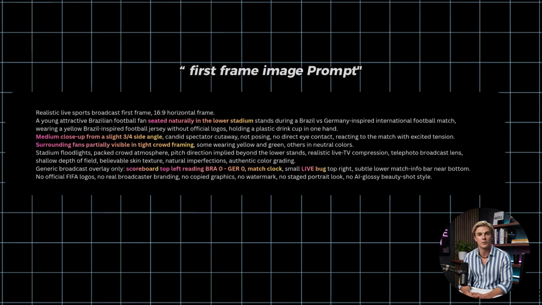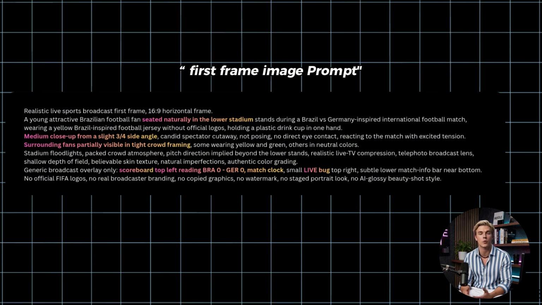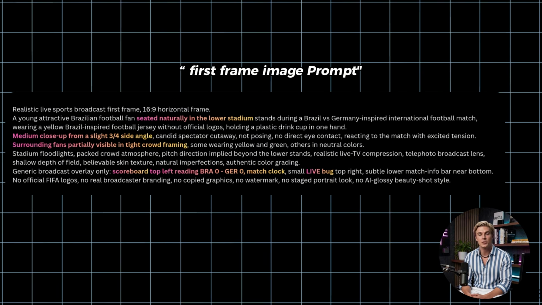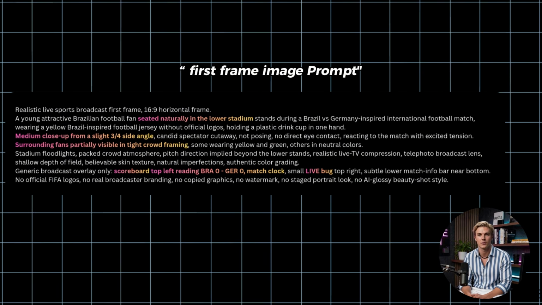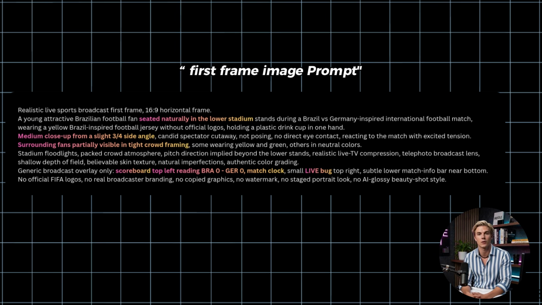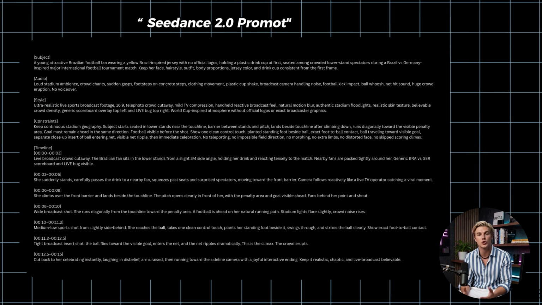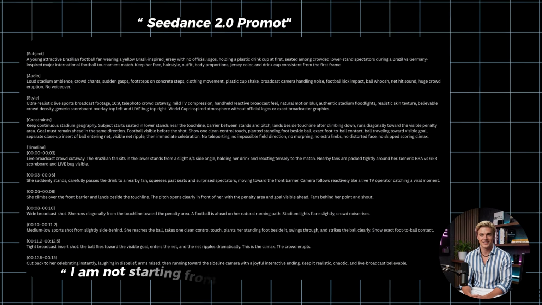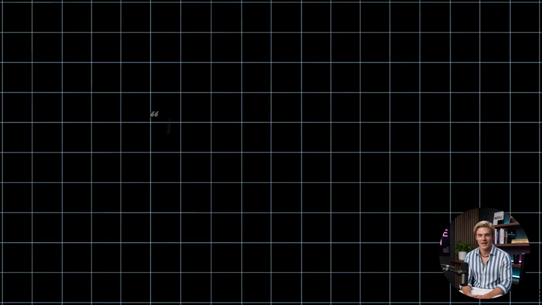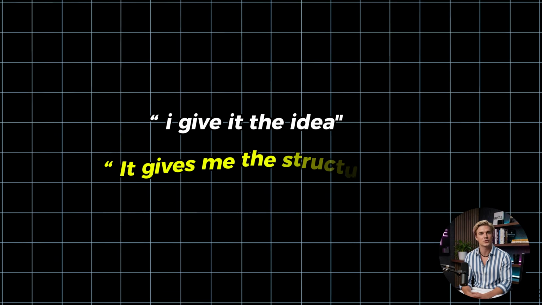The important part is that both prompts already follow the live sports broadcast formula. The GPT thinks about the camera angle, crowd framing, scoreboard, live bug, subject reaction, video timeline, and motion constraints. So I'm not starting from a blank page every time. I give it the idea. It gives me the structure.